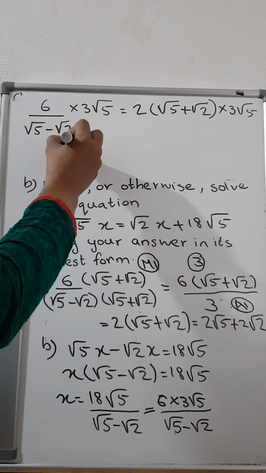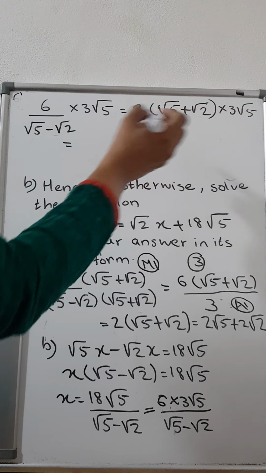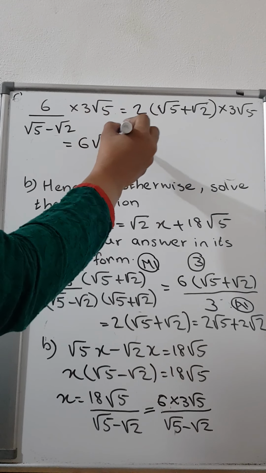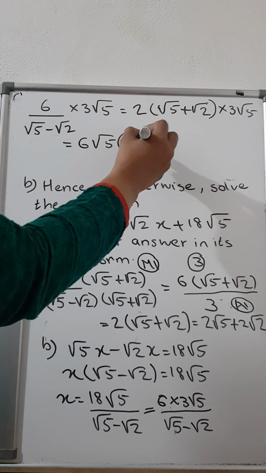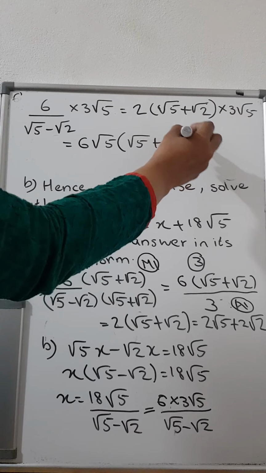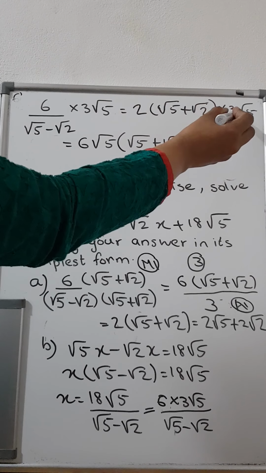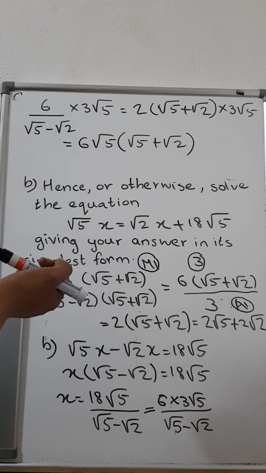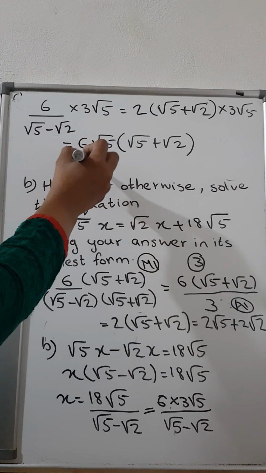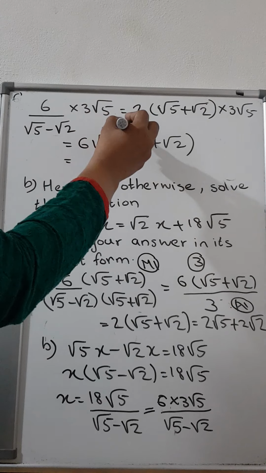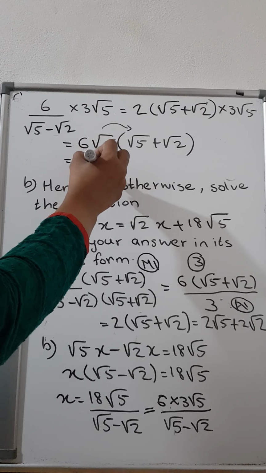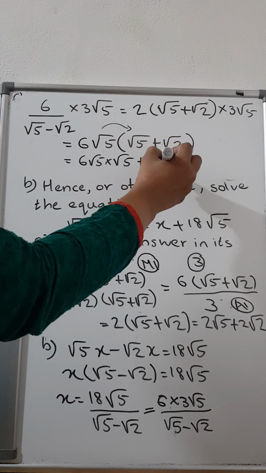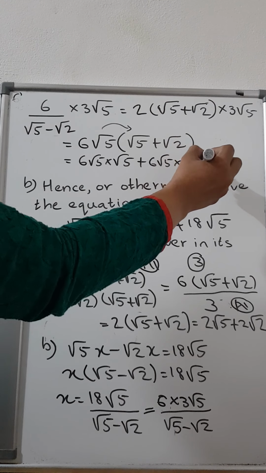So this is equal to 2 times 3 root 5, 6 root 5 times root 5 plus root 2. Now remove the bracket. 6 root 5 times root 5 plus 6 root 5 times root 2.